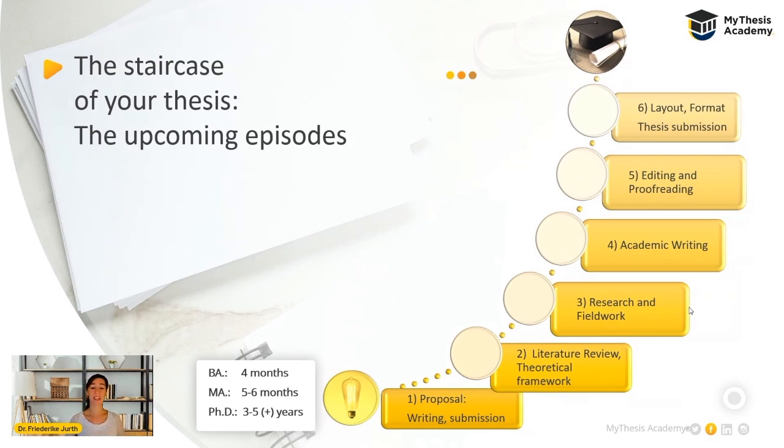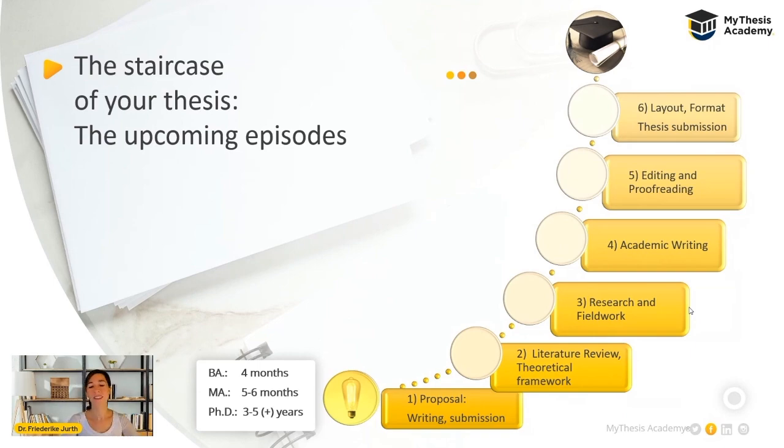Then you have the fourth episode, which will be the part of academic writing, where you will put all the collected data and the results of your analysis in the form of your thesis. And then, as the fifth step, you have the correction, the editing, and the proofreading.